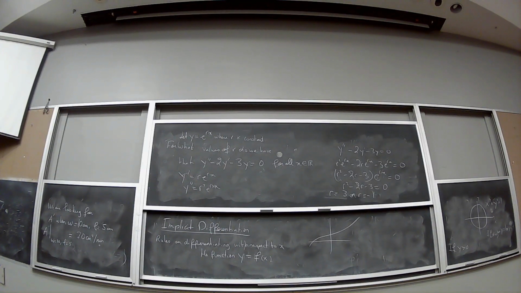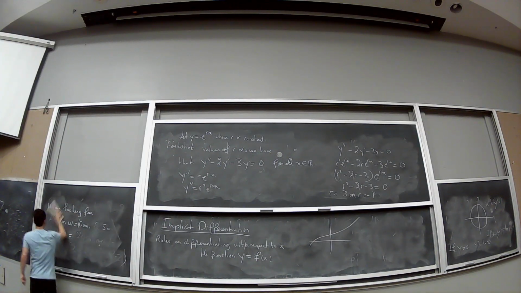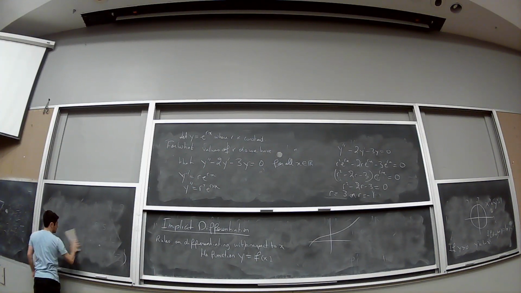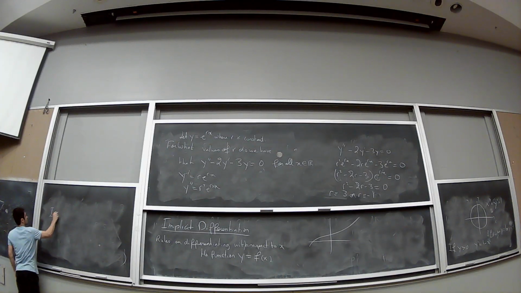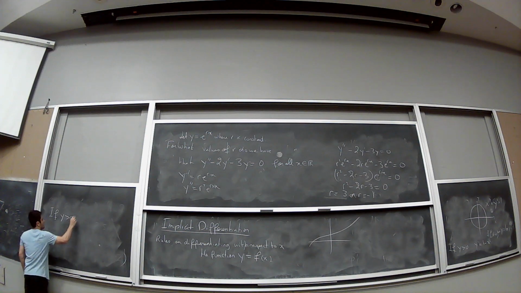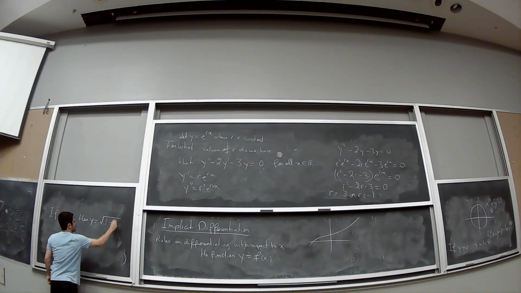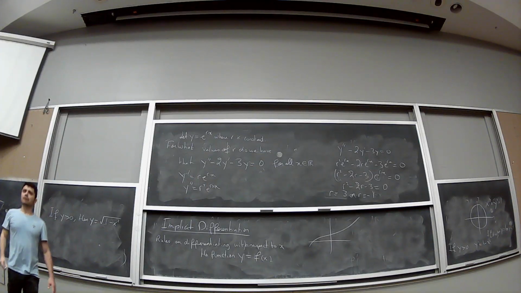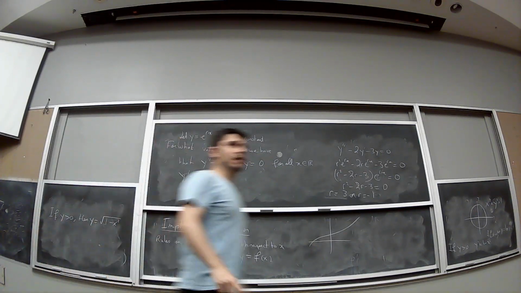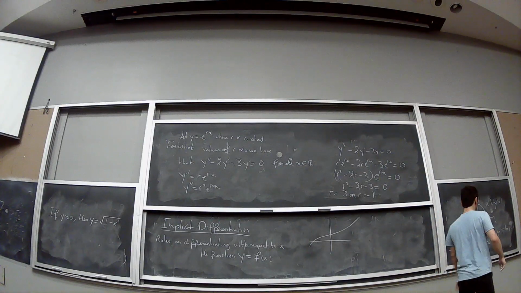What is y squared? y squared is 1 minus x squared. If y is positive, then y is equal to the square root of 1 minus x squared. So really, if I restrict myself to the positive values of y, I obtain a function.